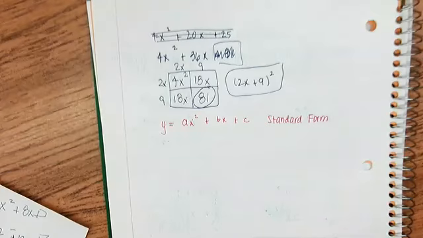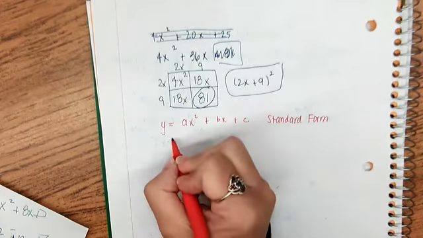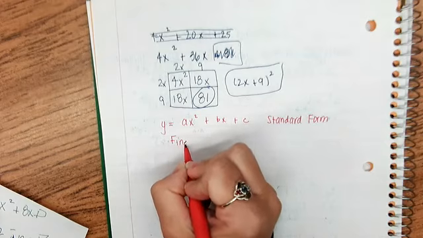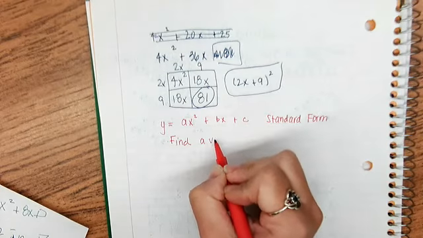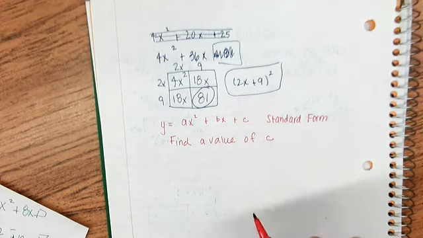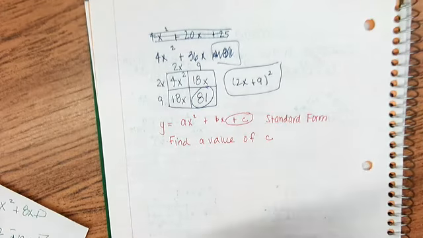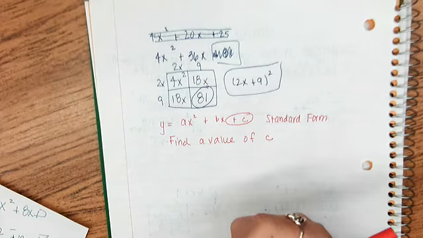So you will hear in directions to find C. The directions will say, find a value of C. And the C that they're referring to is right here, the constant, which is exactly what we've been doing. I just wanted you to be aware of the notation.